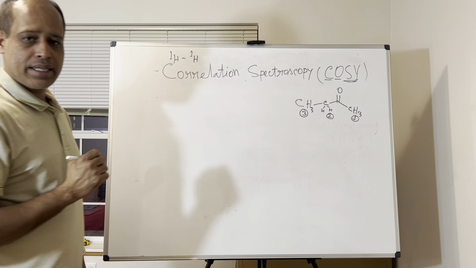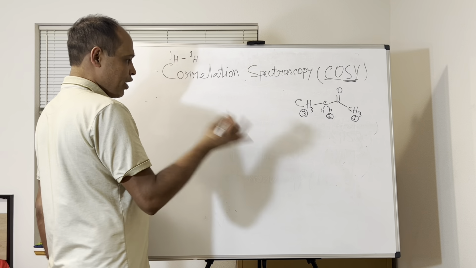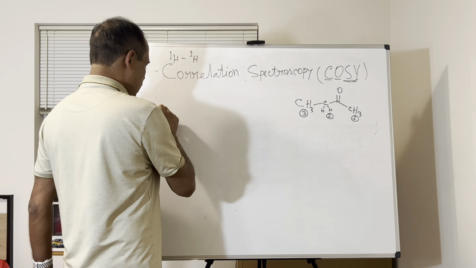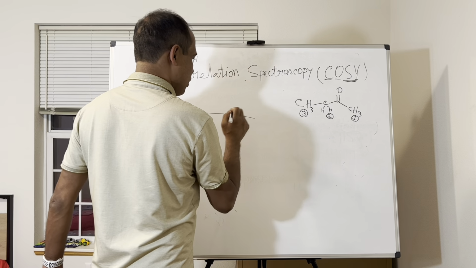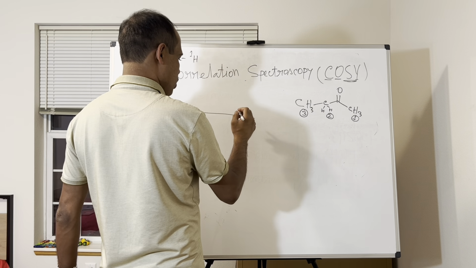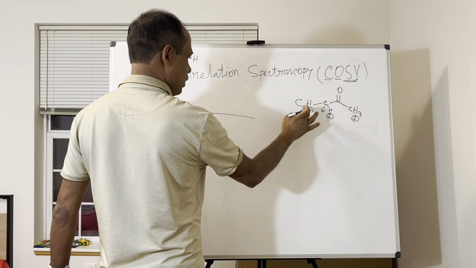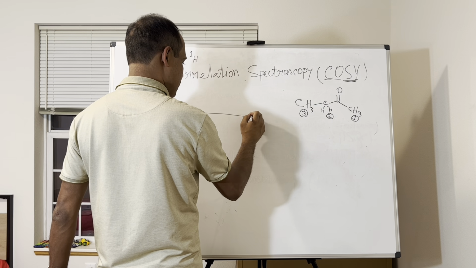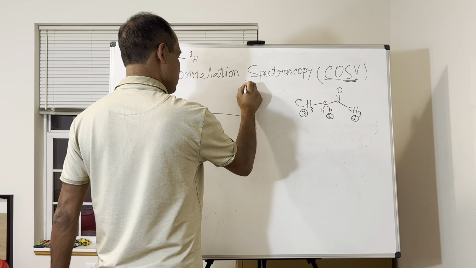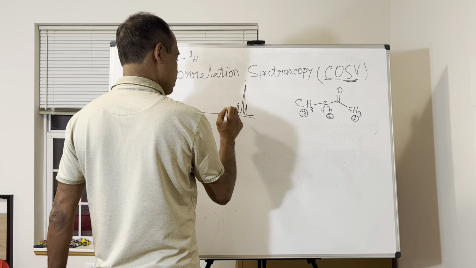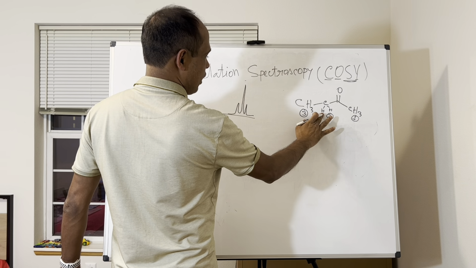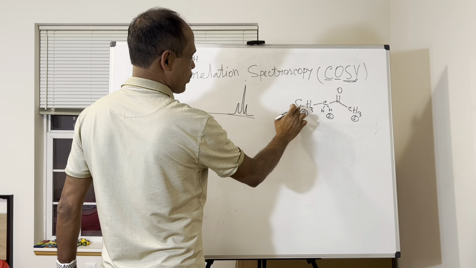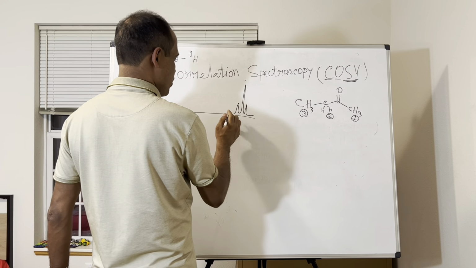If you predict in one-dimensional proton NMR, this CH3 has two neighbors, so you will get a triplet. And this CH2 has three neighbors, so it will give you a quartet.